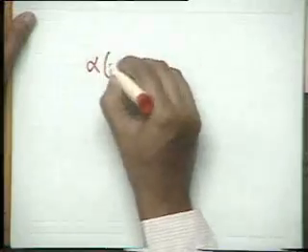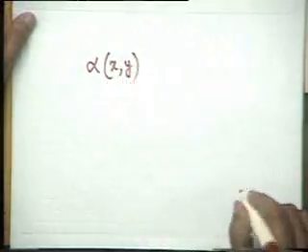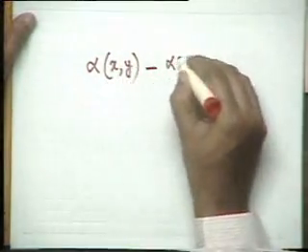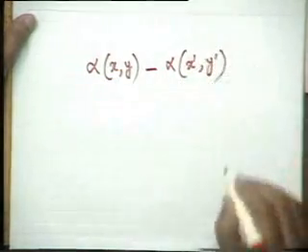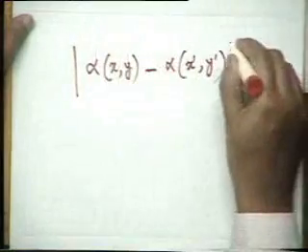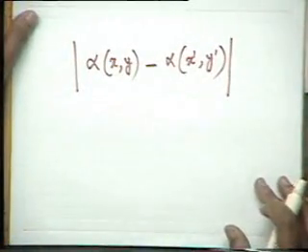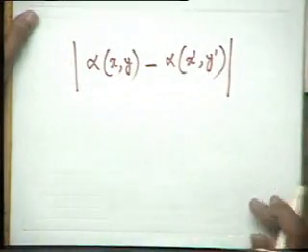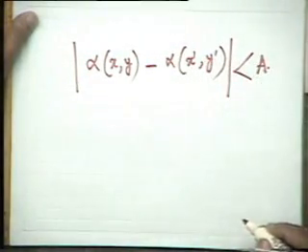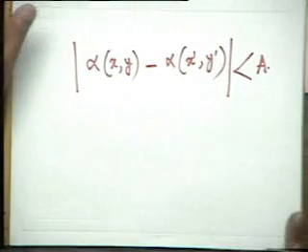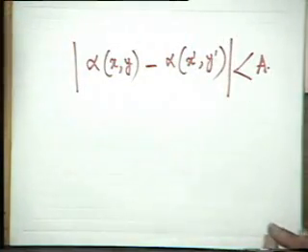We will be considering the value of alpha at the point xy and take its difference with the value of alpha at yet another point x prime y prime. If the magnitude of alpha xy minus alpha x prime y prime is less than some threshold a, then we can say that the two edge pixels xy and x prime y prime can be linked up.